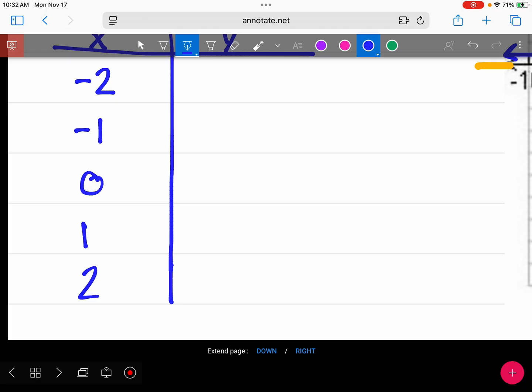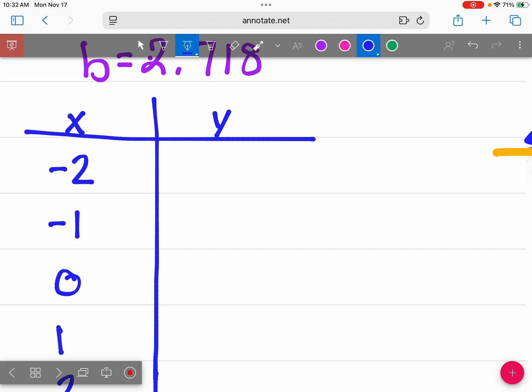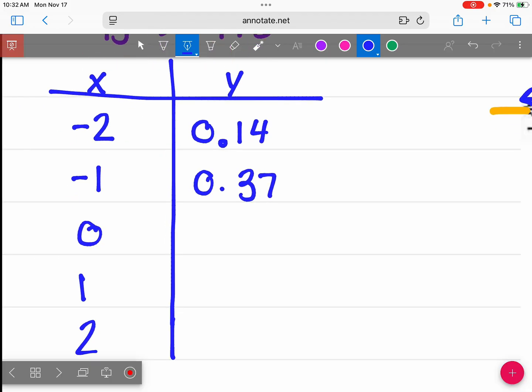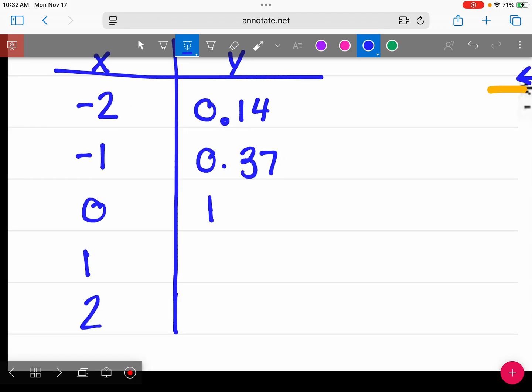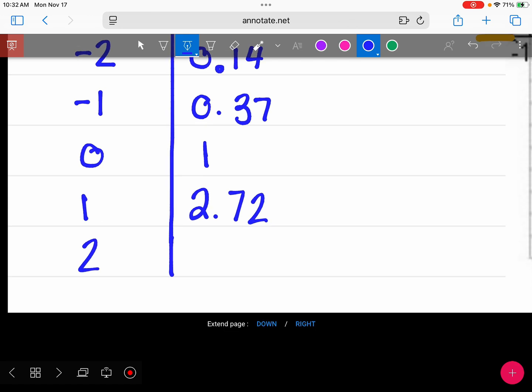If I get e to the minus 2, we get about 0.14. E to the minus 1, we get about 0.37. E to the 0 is 1, because anything to a 0 power is 1. E to the first is 2.71 or 2.72.